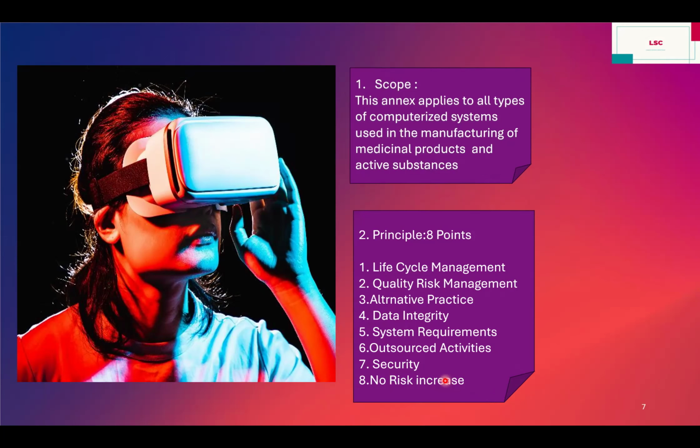So we have to check the overall risk in the overall life cycle of the computerized system, and we have to implement measures and controls during operation so that there is no increase in the overall risk of the process. So these are the eight principle points of this draft guideline.